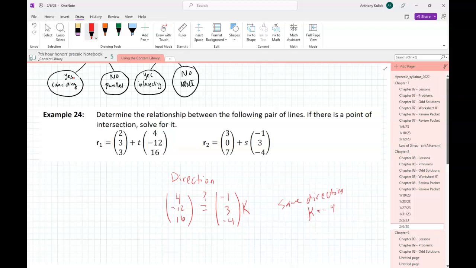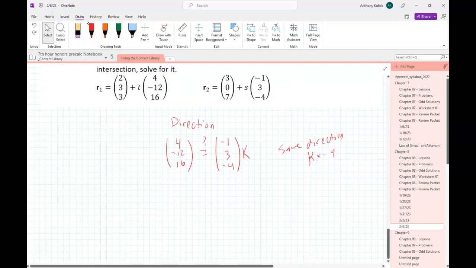If you can't do that in your head, that's okay. Just look at them one at a time, like 4 equals negative 1k, solve for k. Negative 12 equals 3k, solve for k. And just do it one at a time. You should get the same value for k for all of them. Otherwise, they're not the same direction, even if two of them are the same.